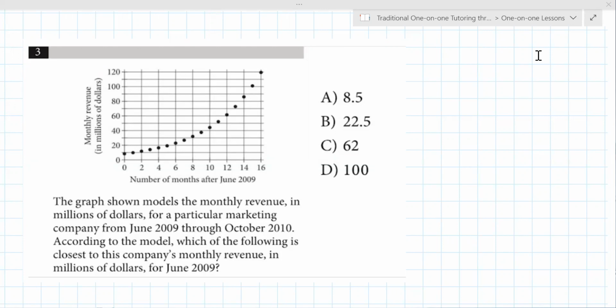I'm a little confused on this one. What is it asking? Can you tell me in your own words what it's asking for? So you're trying to find the closest to the monthly revenue for June 2009. Yes. Now, on the x-axis, it says number of months after June 2009. So we don't want any months after it. We want right at June 2009.